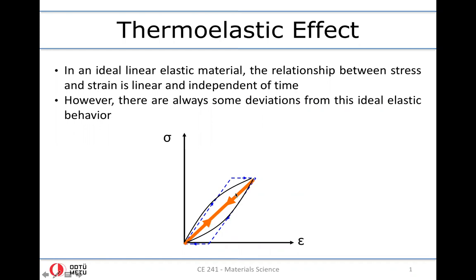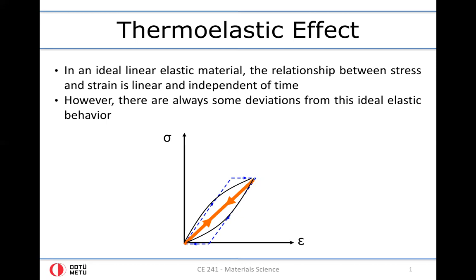In this case, you deform the specimen at a rate which is slow enough so that the material's temperature essentially remains constant. These kinds of deformations are referred to as isothermal deformations, where the temperature remains constant.